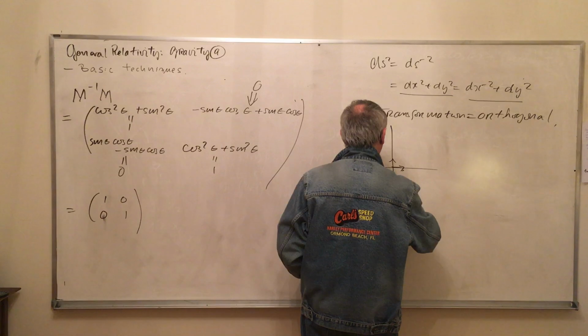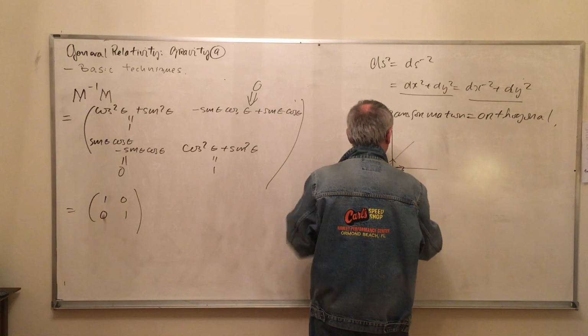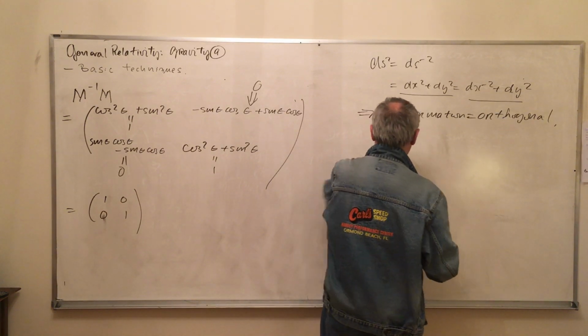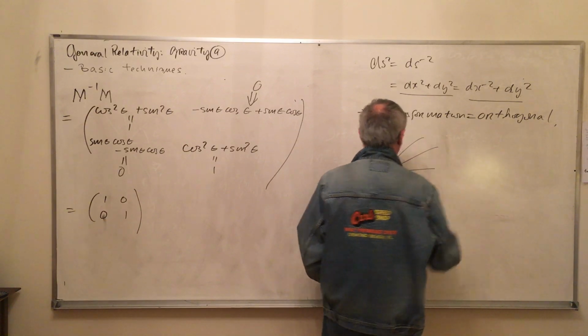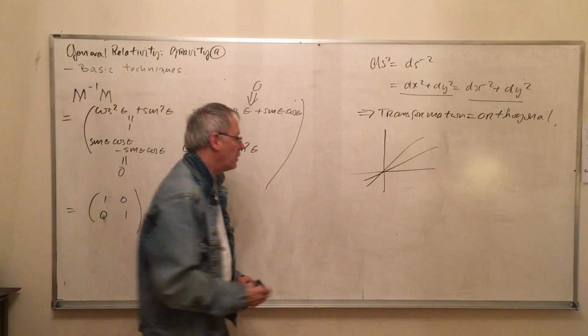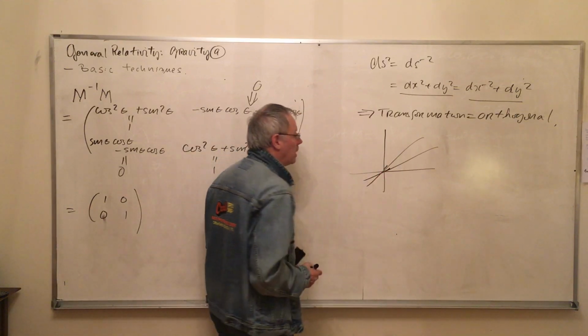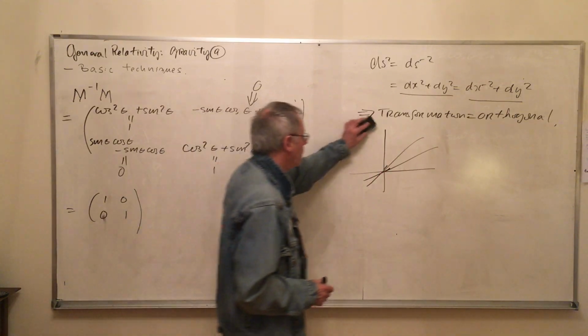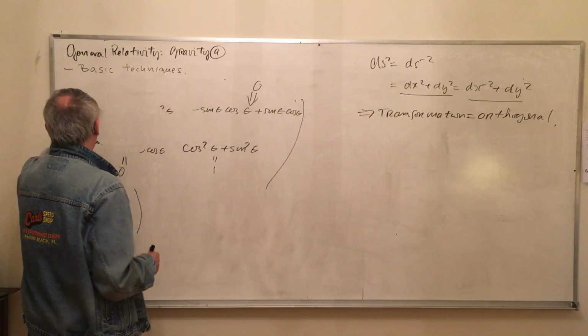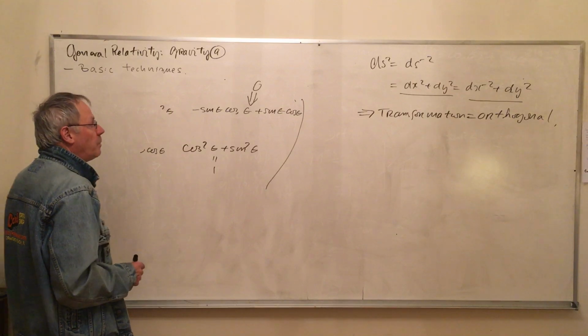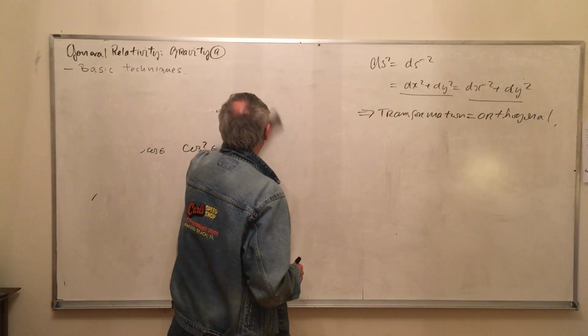A transformation that's not orthogonal would be something like this. That wouldn't be orthogonal because we've changed the unit vectors to be not at right angles to each other.